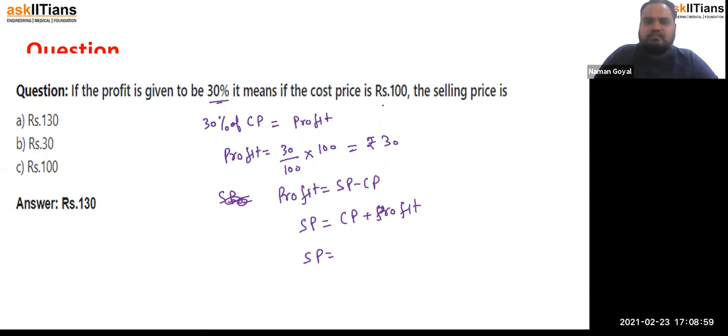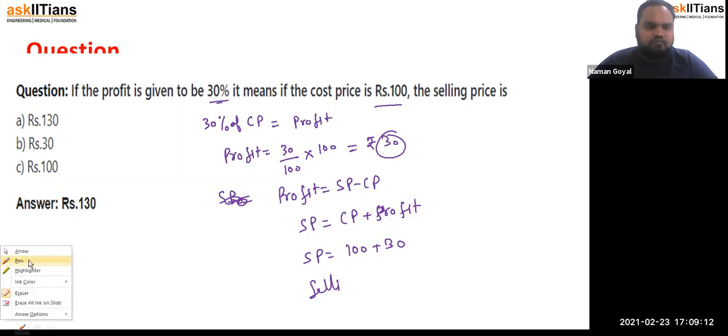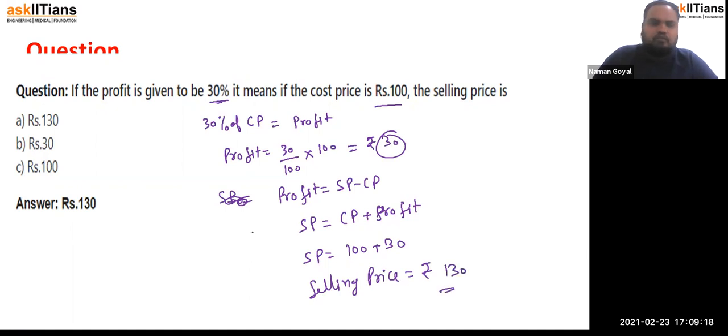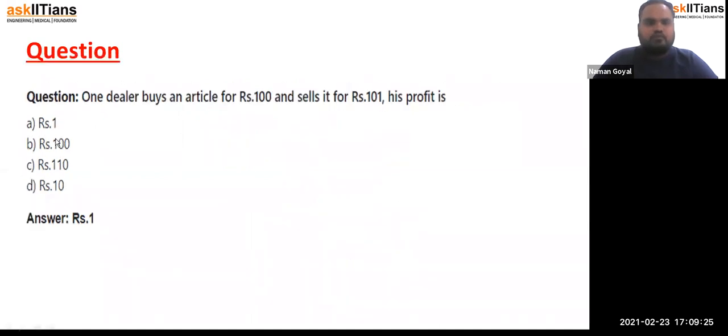How much is CP? 100 rupees. And how much profit we make? 30. So the value of selling price is rupees 130. So answer is option A. Okay. Next question.